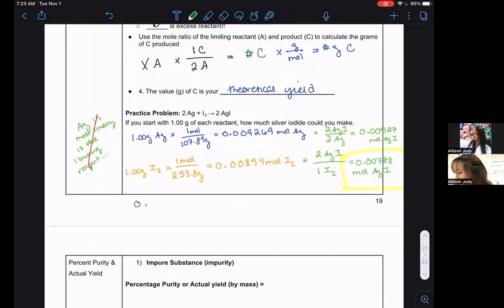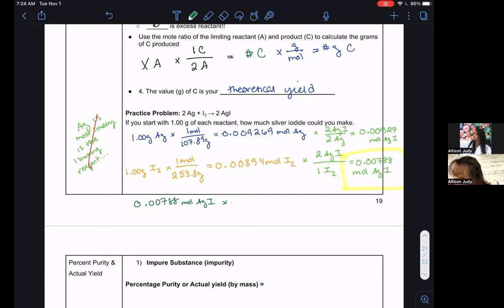So I do 0.00788 moles of AgI times the molar mass of AgI, which is 126.9 plus 107.89, and I get for every mole of AgI, actually I want to put moles on bottom.